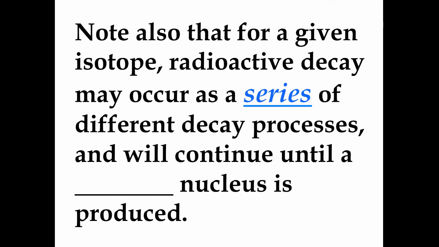We're also going to note that a radioactive isotope will decay, and when it decays, if it doesn't make a stable product, then it can undergo another decay, and another, and that's going to continue until ultimately a stable nucleus or stable isotope is produced.